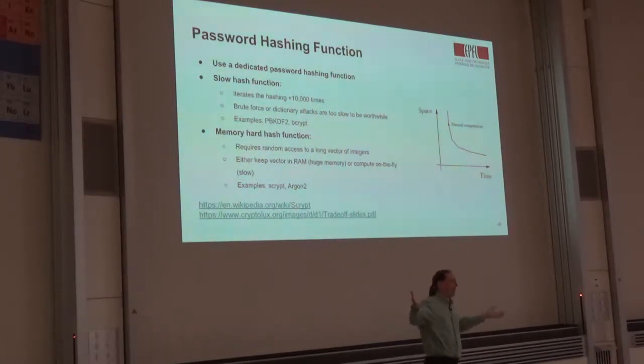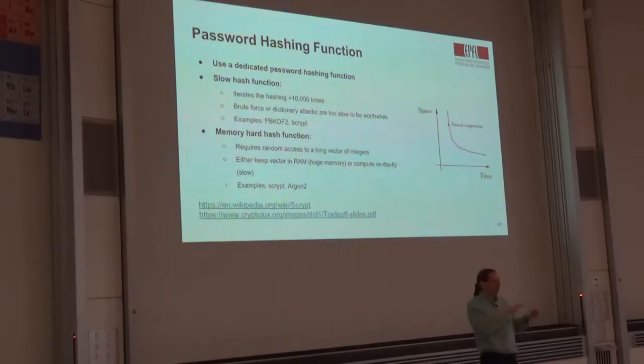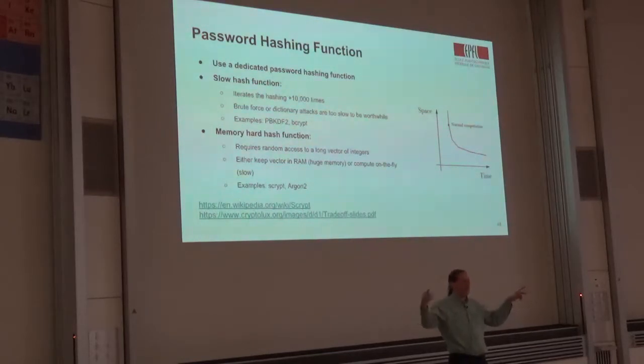That takes 10,000 times more compute effort than just hashing the thing once, right? If the hash function is strong, then iterating the hash basically has to be done serially. You can't really parallelize that unless the crypto is broken. And so that will slow you down.